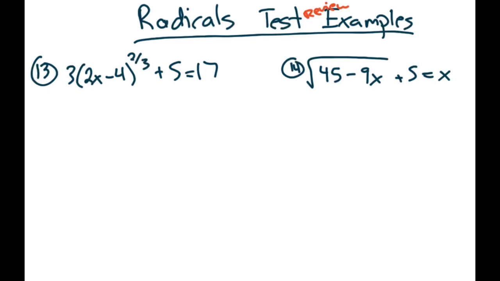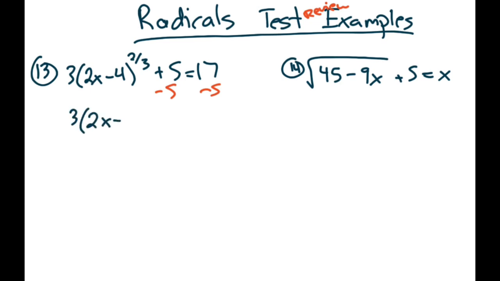All right, so we've got 2 equations that we're going to be solving, and these correlate to 13 and 14 on the radicals review. So first thing on 13, I want to get this 2x minus 4 to the 2/3 power all by itself. So that means I need to get rid of the plus 5 and the times 3. So the first thing I'm going to do is subtract 5 from each side.